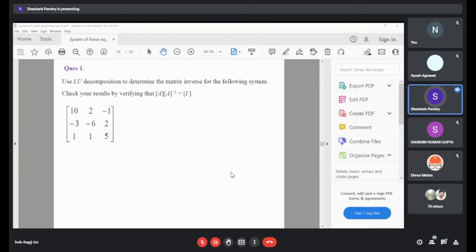You can cross check your answer. If you multiply the lower triangular part and the upper triangular part, you will get this matrix, that is 10 2 comma -1, -3 comma -6 2 and 1 1 5.